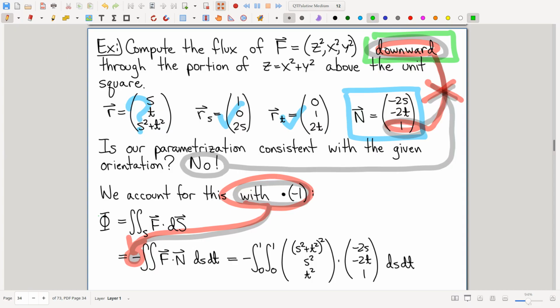When we've been asked to compute flux, it says right here that it's supposed to be downward, so this capital phi right here, the assumption of this phi is that it is per the statement of the question, and this means downward oriented.